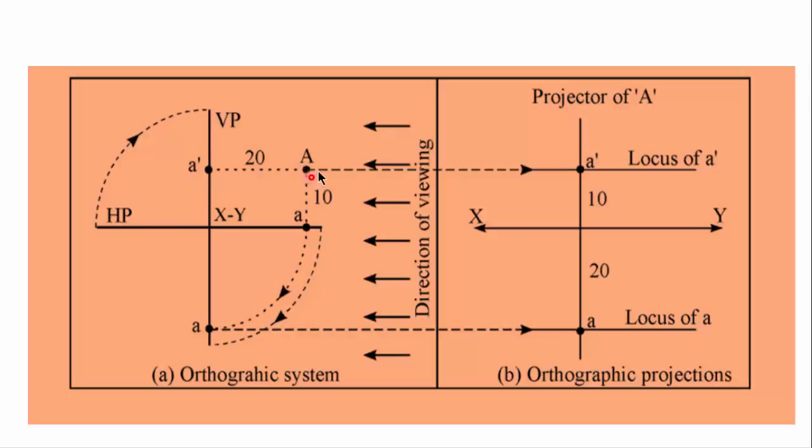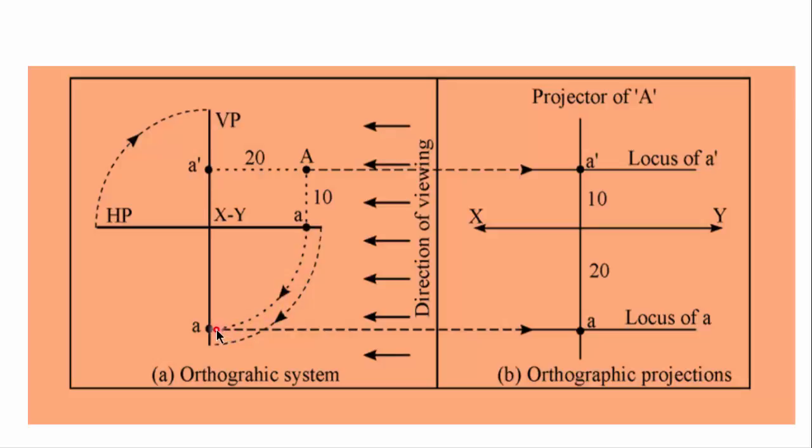Again, let us consider point A, and here is elevation of A and plan of A. To present both the views on a single plane, that is, say our plane of paper, what we will do is rotate HP.